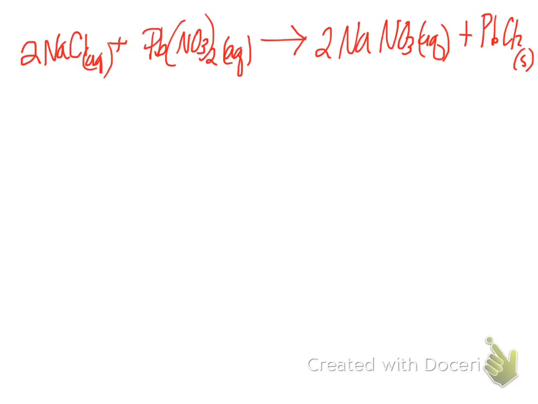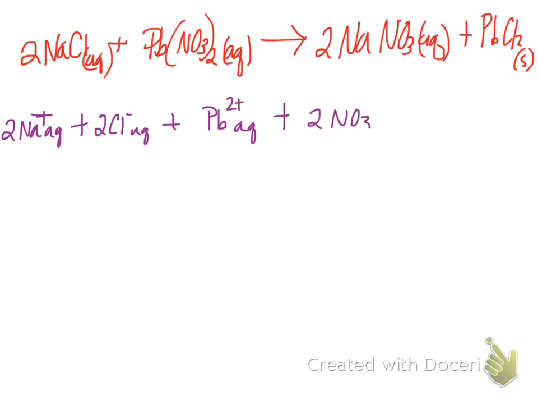So we're going to say that we have 2 sodium ions and they are aqueous. This is on the second page of the handout, and then we're going to do some that are not already done for us. Then we have 2 chlorine, also aqueous, plus we have a lead, which is aqueous, because remember when it's aqueous they're not together in actuality.